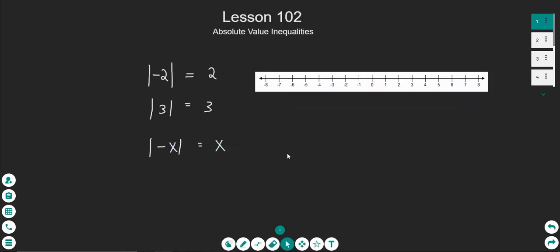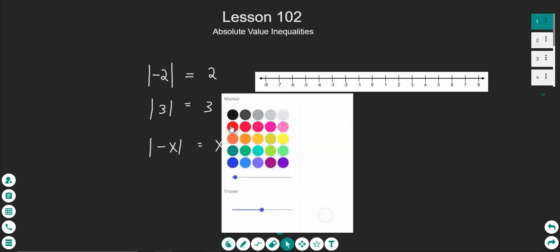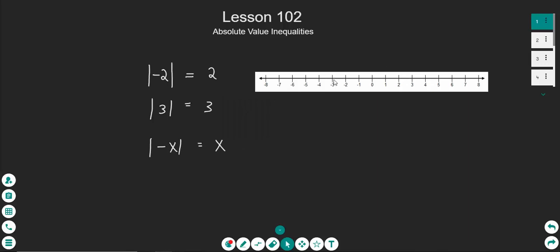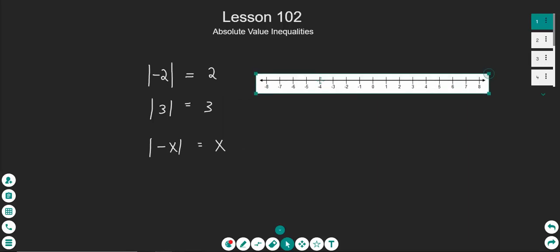And if I want to find, let's pick a point on here, let's say the absolute value of a negative 4. What does that mean? What we're actually looking for is the magnitude of the number, or how far away from 0 it is.